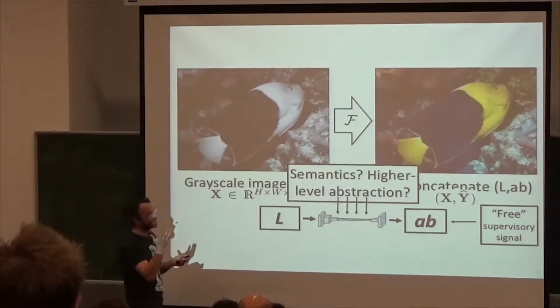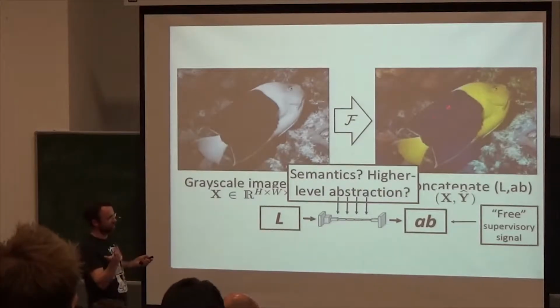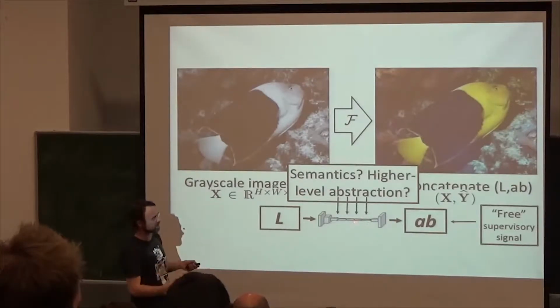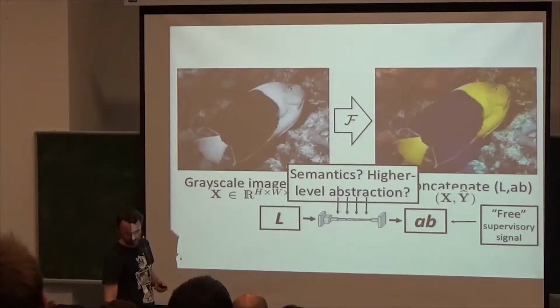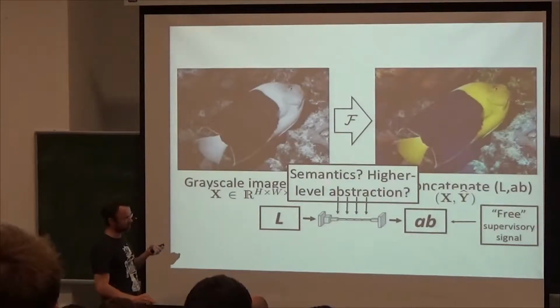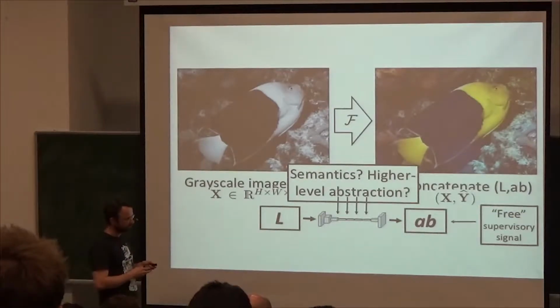It's unlikely to be pink, for example. Fish tend to be yellow or some blue color, since the images are underwater. So amazingly, this is quite a powerful way of doing it. It's incredibly simple and very easy to do.